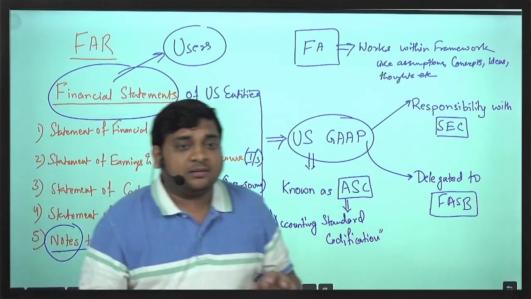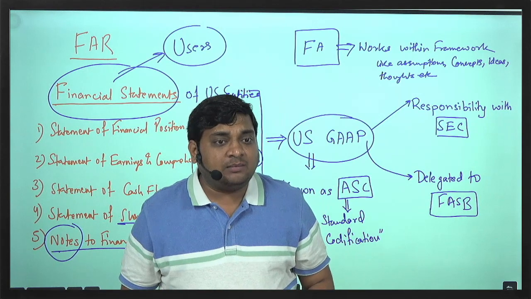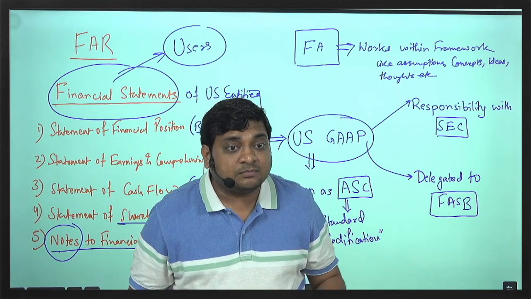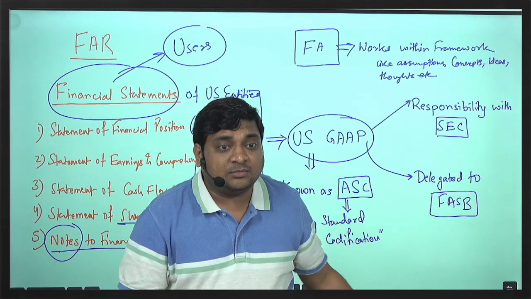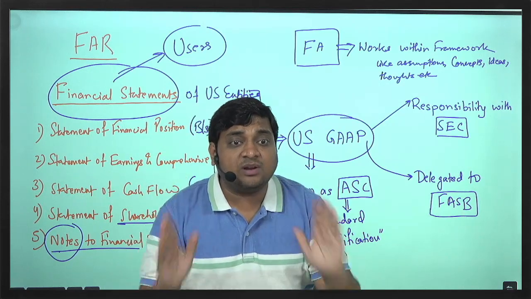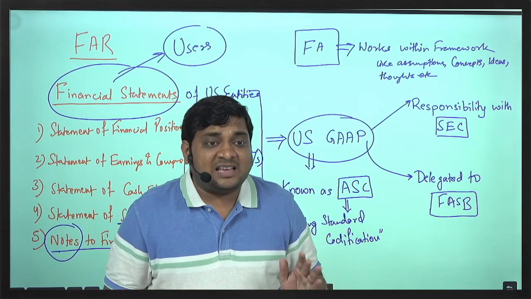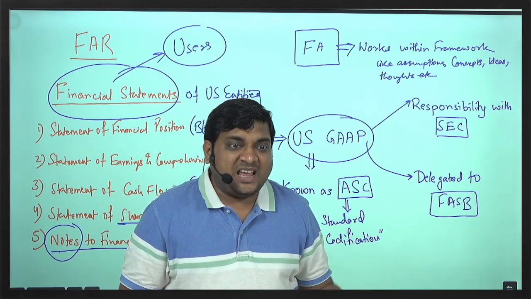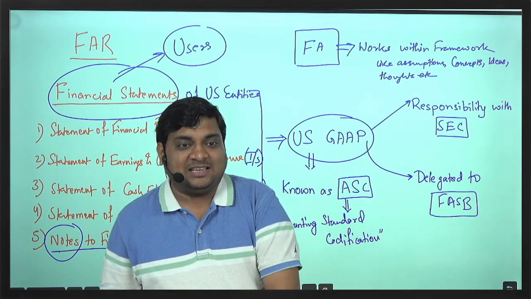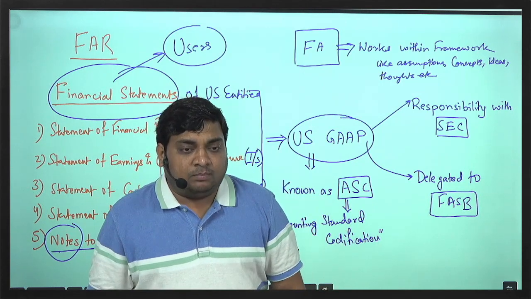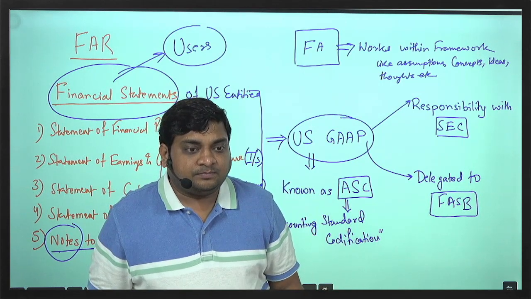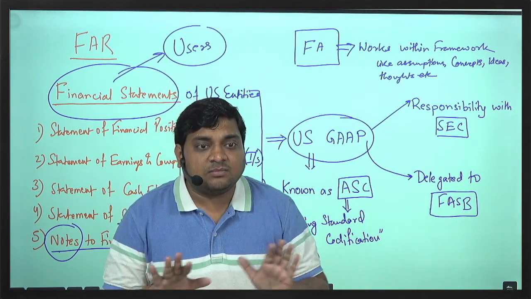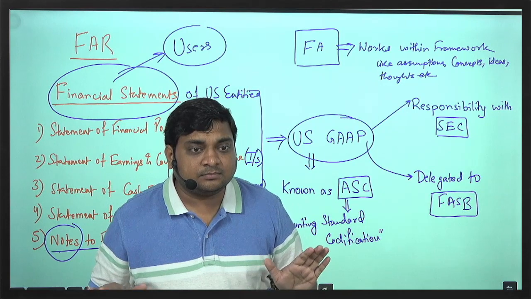So tell me, US based company will follow US GAAP, pronounced by FASB, known as Accounting Standard Codification. So when I say ASC, it means it's GAAP. When I say GAAP, it means ASC. I think it's okay, right?